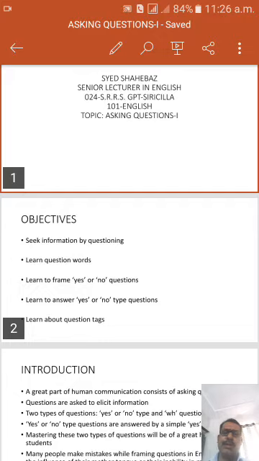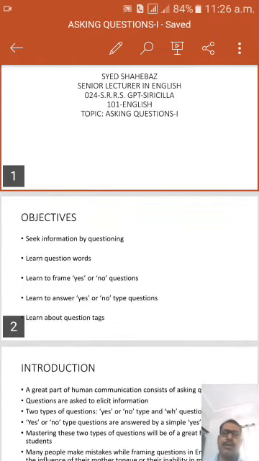The next thing is learn about question tags. Question tags are used to confirm the information. So in question tags also, question tags are also a sort of questions, short questions, and we are also going to learn these question tags in this lesson.